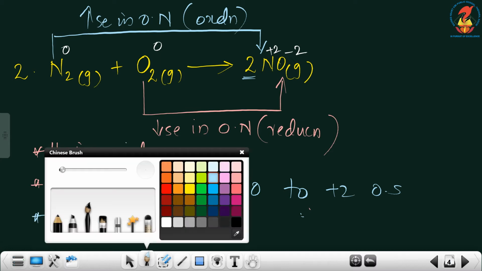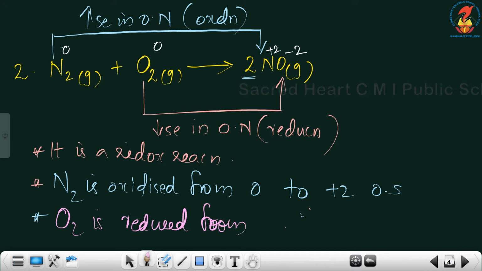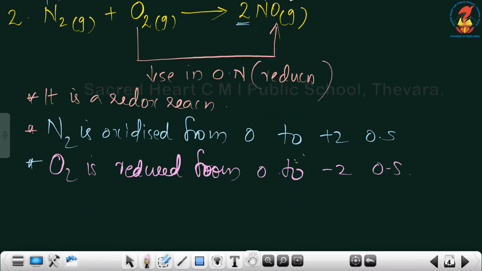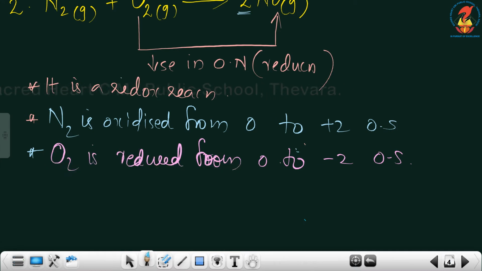At the same time, in the case of oxygen, it is reduced from 0 to -2 oxidation state. So what we can say about N2? N2 is oxidized, means undergoing oxidation, so it is acting as the reducing agent or reductant.